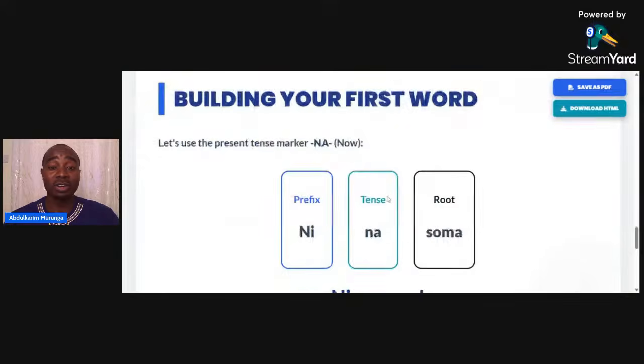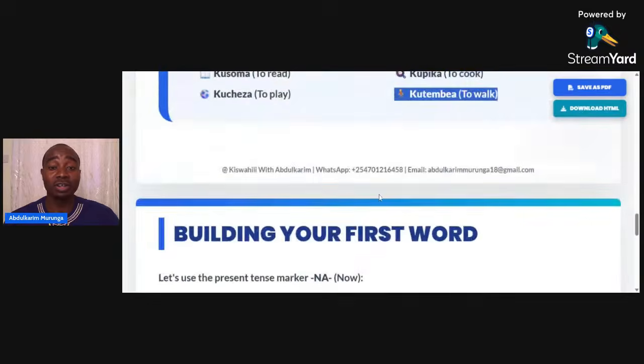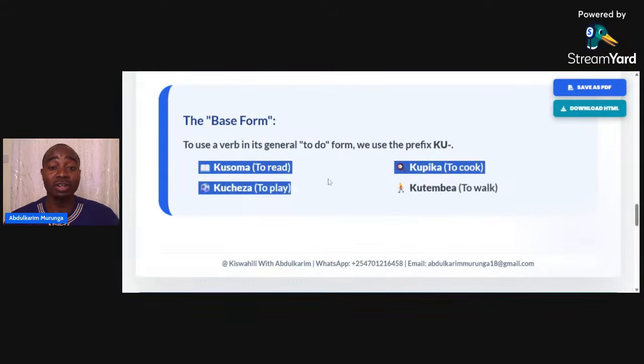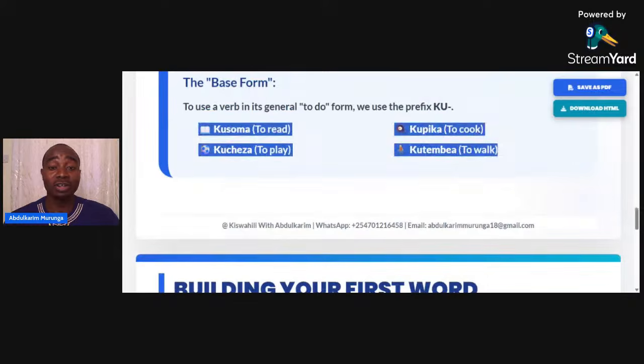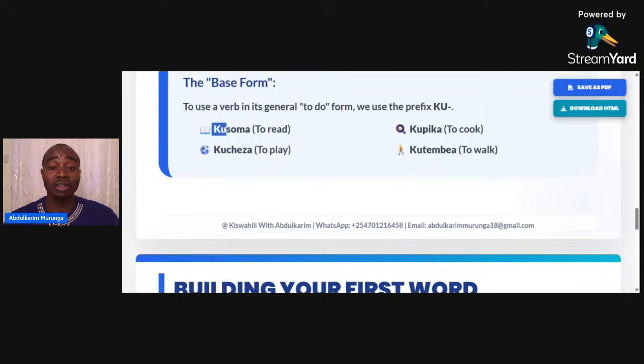Now, these are the verbs in the base form: kusoma, kucheza, kupika, kutembea. Whenever we are making the first sentence or conjugating these verbs, we remove the ku on that verb. This ku is omitted. So the verb just remains soma, the verb root: soma, cheza, pika, tembea.